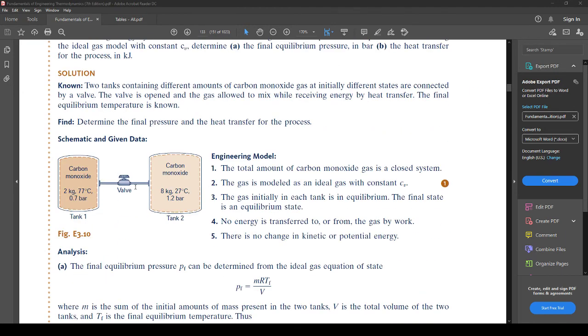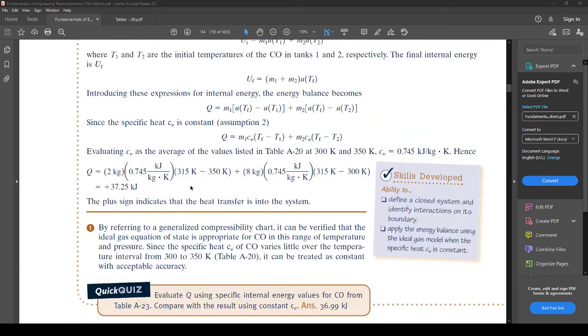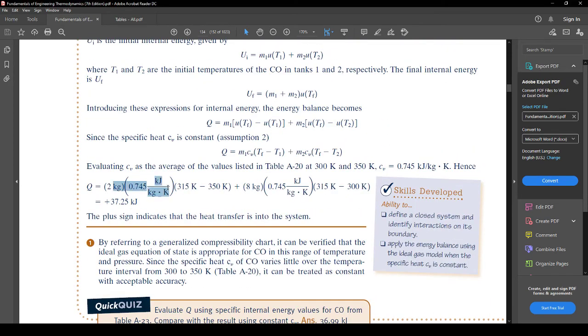So what you have to do is find an average specific heat value at two different temperatures. Right here they did Cv as an average of 0.745 between 300 and 350 K. So if you have two temperatures and you have to use a specific heat value, it's better to take an average, such as this.